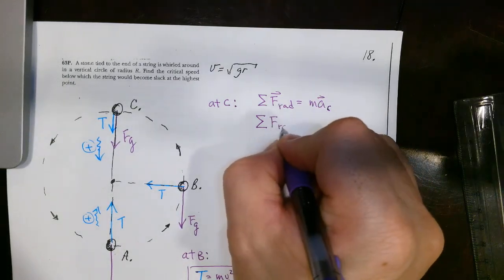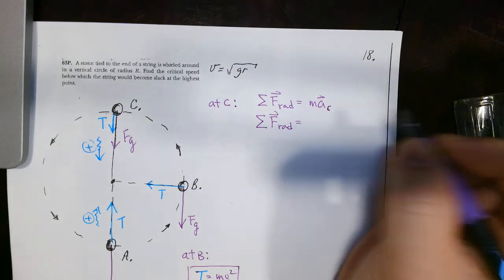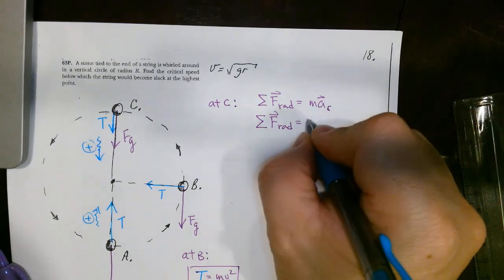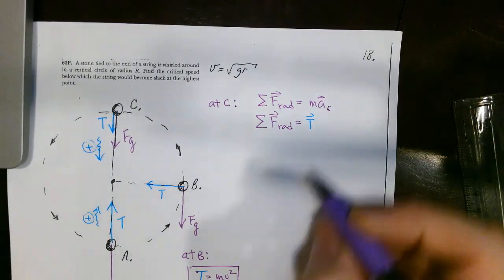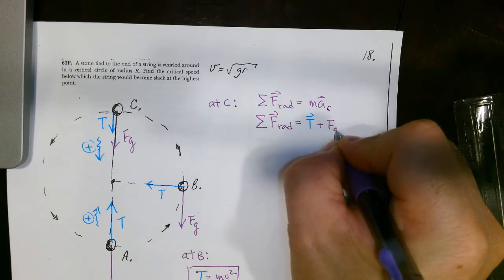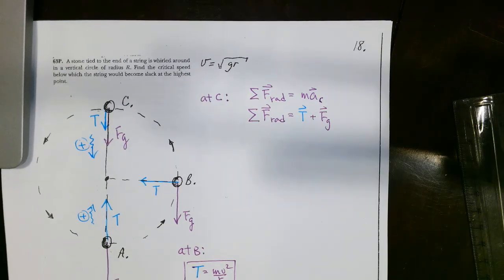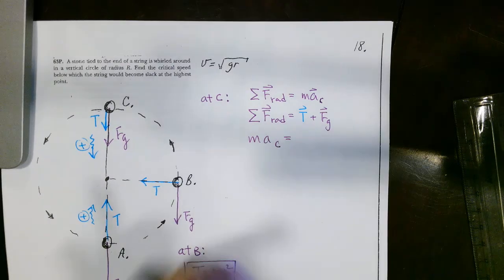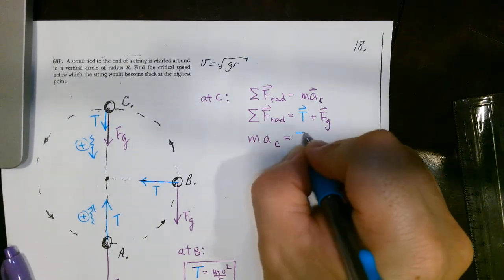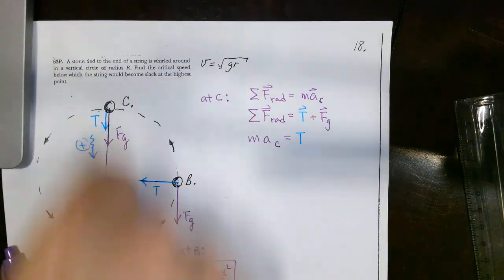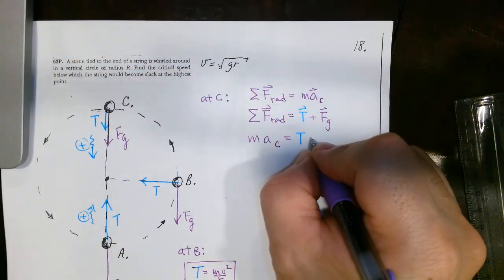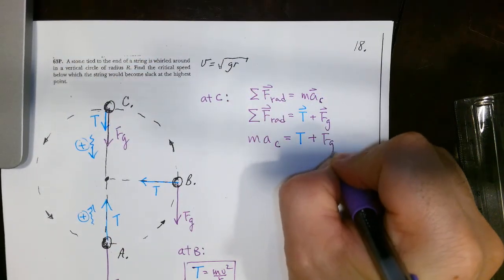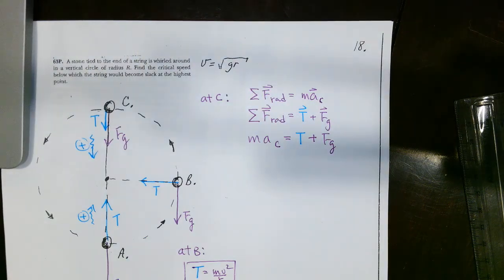So F radial is equal to tension and Fg. Here, m a_c is equal to tension, which is positive because it's pointing inward, plus Fg, because Fg is also pointing towards the center of the circle.